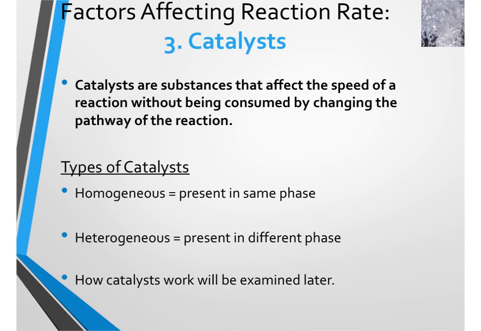Another thing that speeds up reaction rate is a catalyst. A catalyst works simply by changing the pathway of a reaction to make it easier. Let's say you have Kennesaw Mountain. You can climb up the mountain, and it's going to take you a certain amount of time.